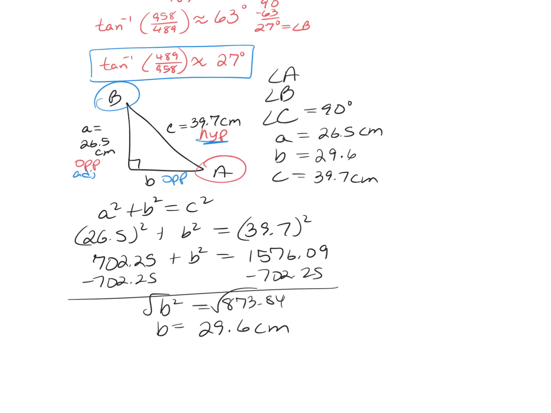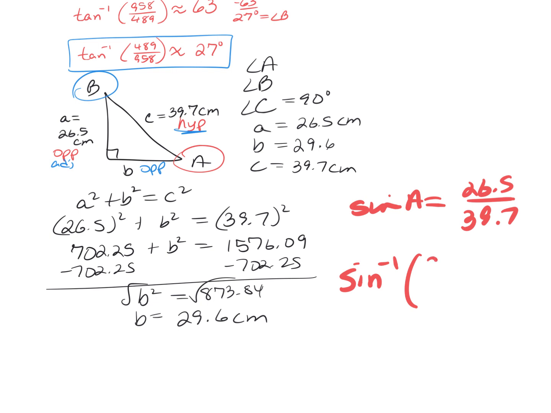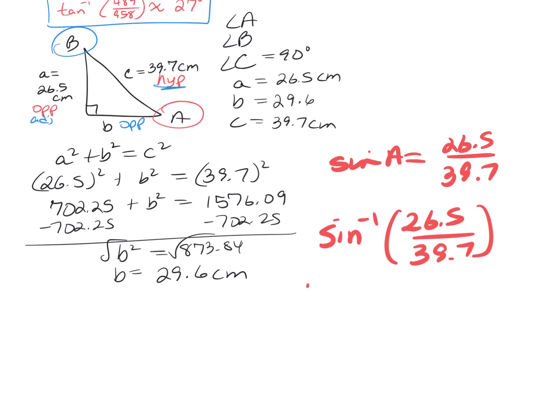So I'm doing inverse. So I'm going to be doing sine of A is equal to opposite over hypotenuse. And again, we're doing the inverse. So sine -1, and then put in the 26.5 divided by 39.7, or enter it as a fraction. And then angle A, rounded to the nearest degree, 42 degrees.